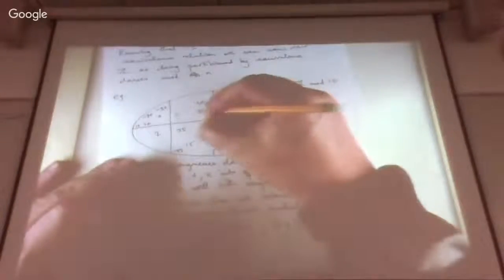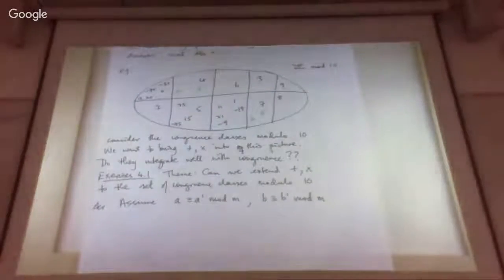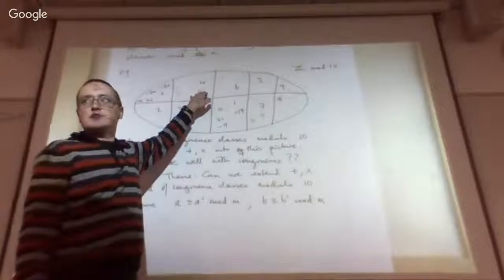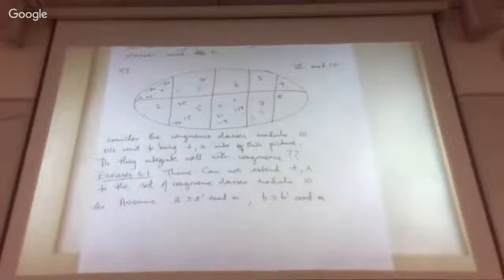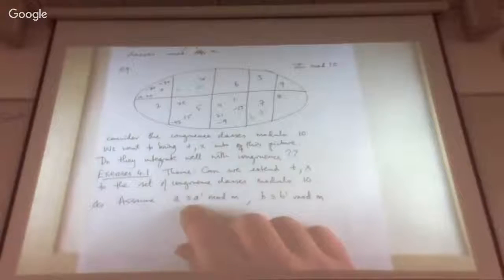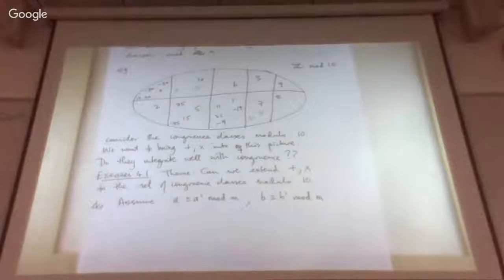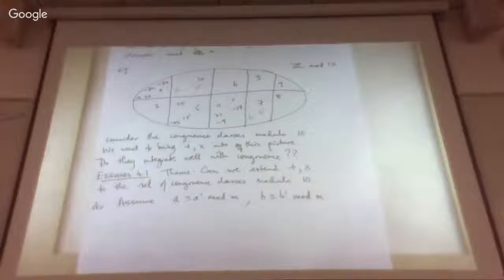So if you like, in this picture, A and A prime are two things over here, and B and B prime are two things belonging to the same set. So they're different integers, but they belong to the same congruence class. This is quite common when you want to refer to some object and a closely related object. Sometimes we just put a prime superscript mark on it. So A and A prime, B and B prime.